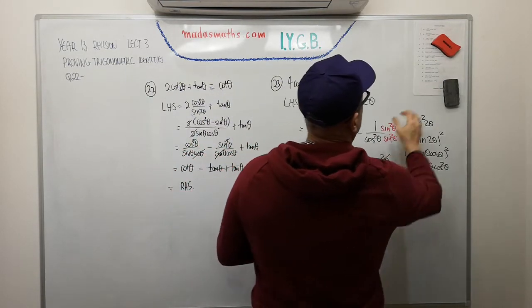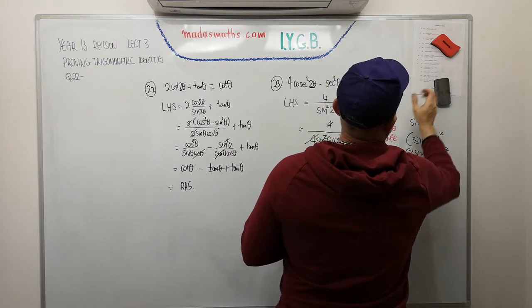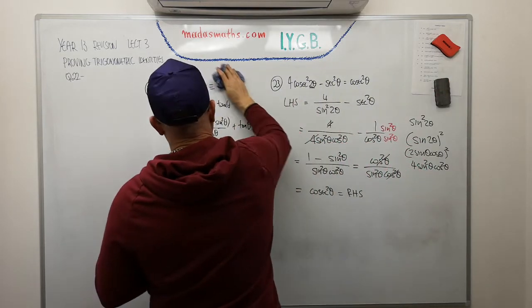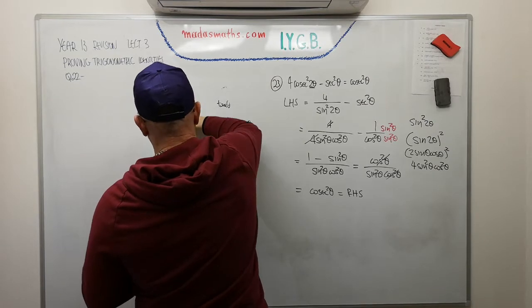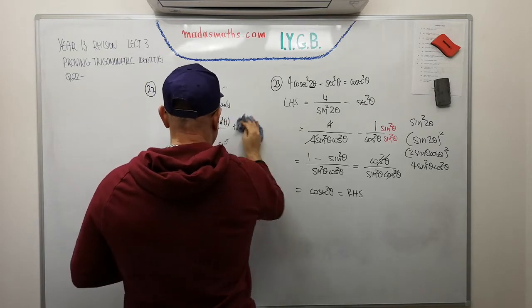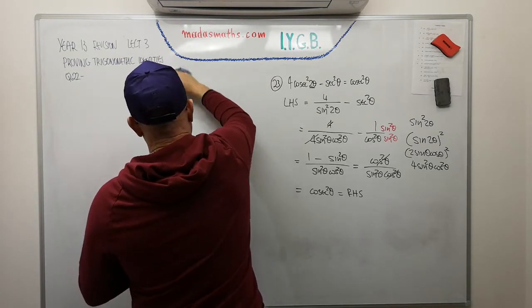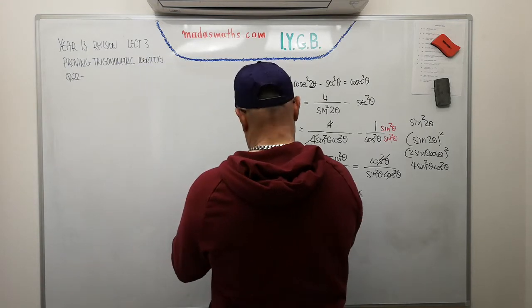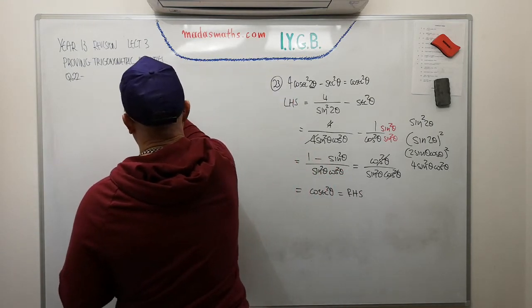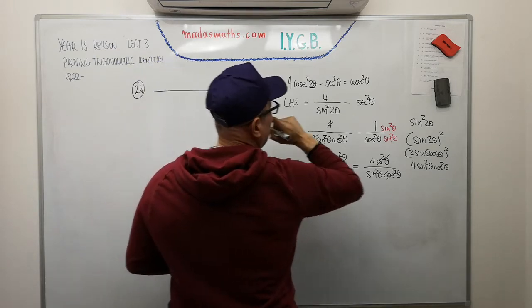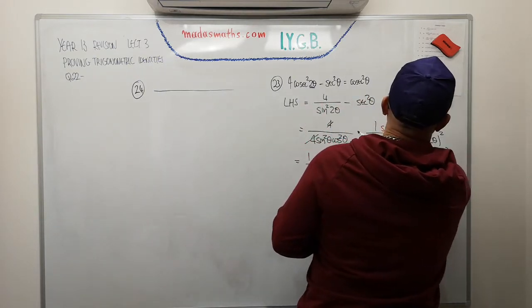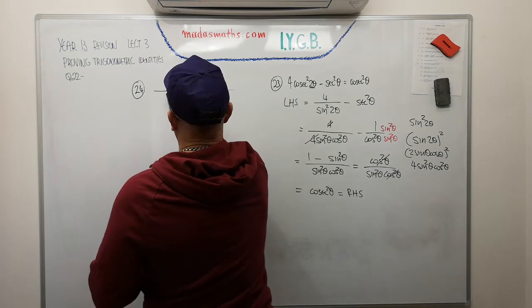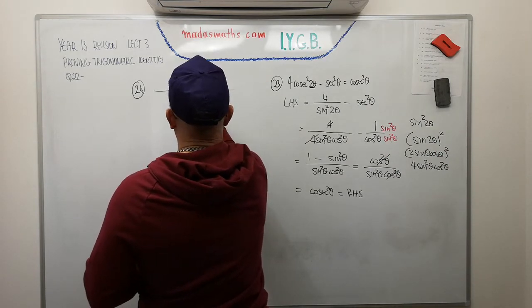Number 24 looks quite messy, a lot of stuff there. A fraction with loads of stuff on the top and on the bottom. Having a lot of stuff doesn't necessarily mean it's hard, actually. So let's not panic. I'm going to move out of the way. Sine 2x plus sine x.